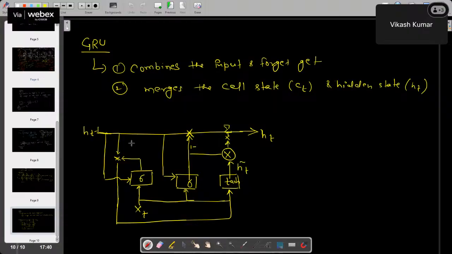What will be the formalization of this one? If I want to formalize this in an equation, we have a few things here.